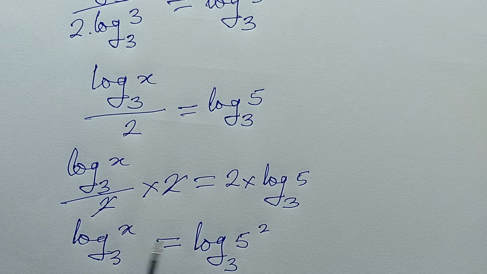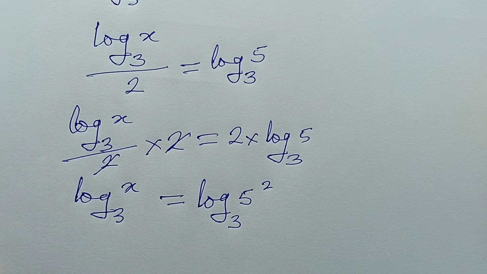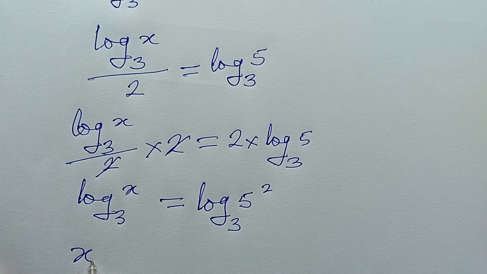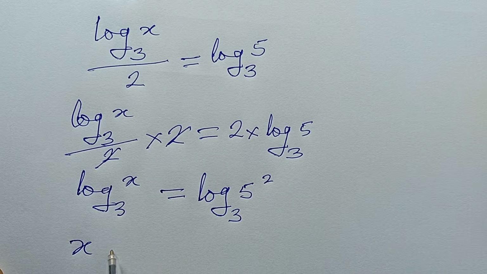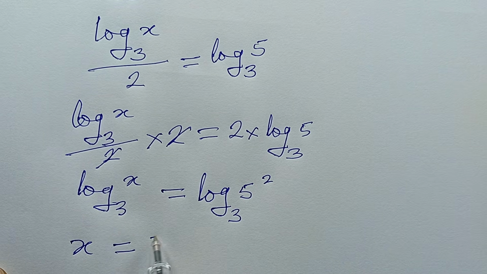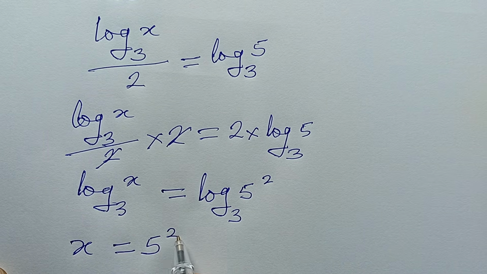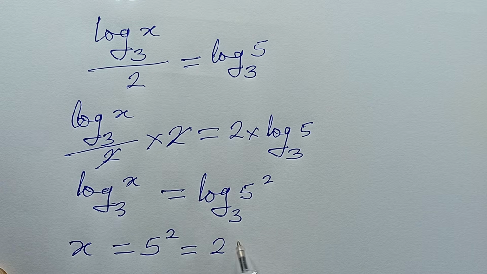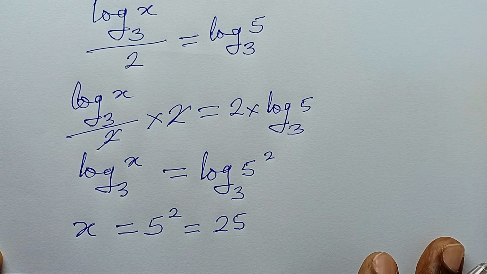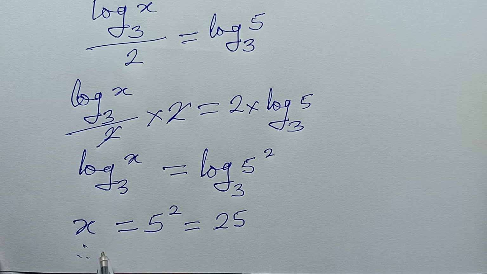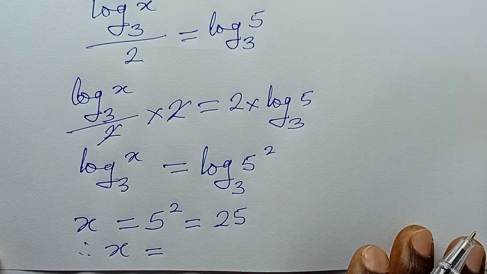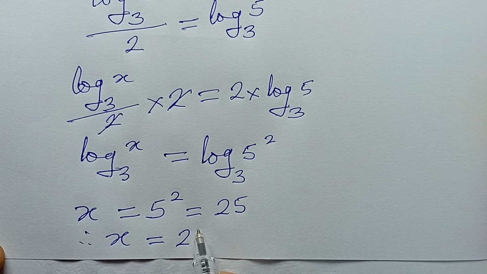And so we can equate the logs themselves. And so this is going to give us x is equal to 5 to the power of 2, which is equal to 25. So we can now conclude, therefore, that x is equal to 25.